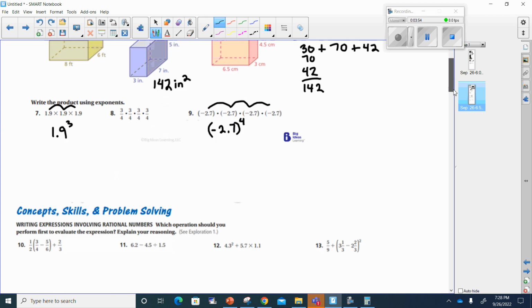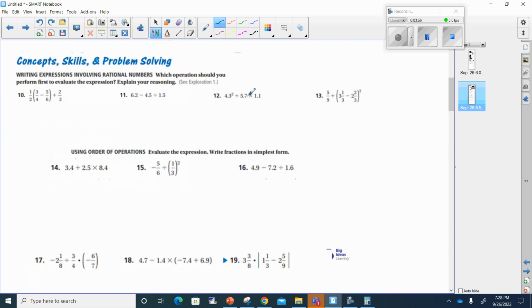All right, let's go to number 11. It says, which operation should you perform first to evaluate the expression? So remember I follow PEMDAS. And if I do this, parentheses come first, there is none. Then exponents, there is none.